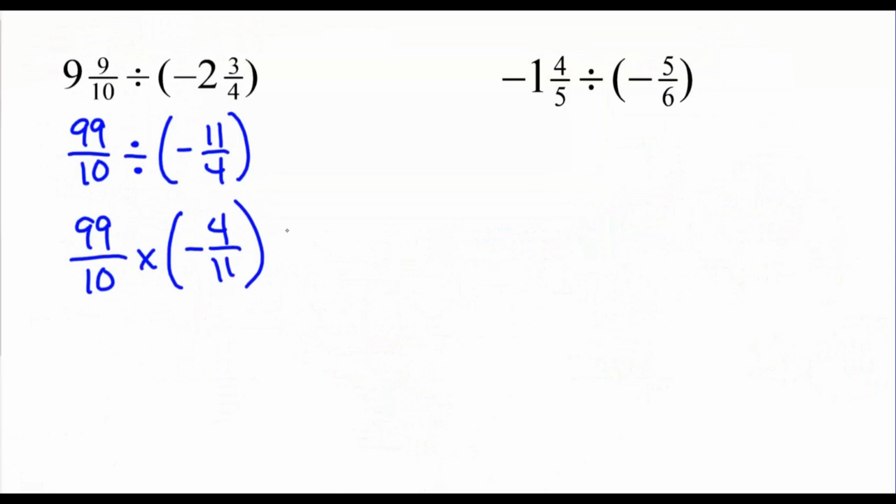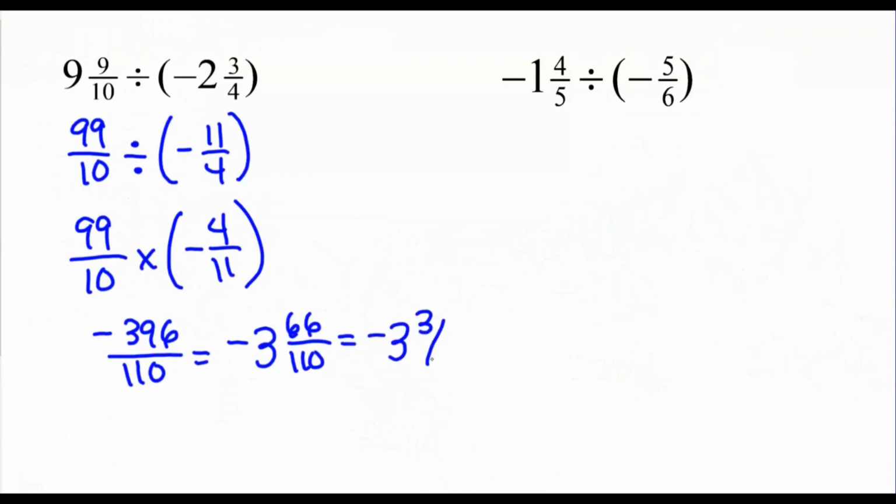Top times top, bottom times bottom gives me negative 396/110, which is negative 3 66/110, which in simplest form is negative 3 3/5. Done.